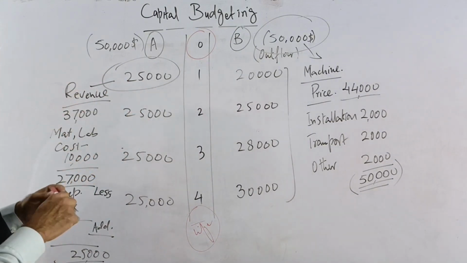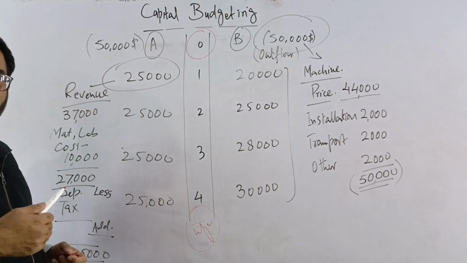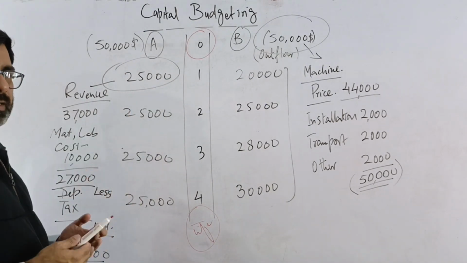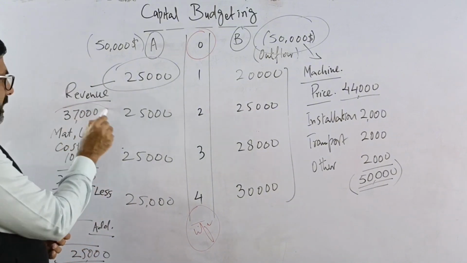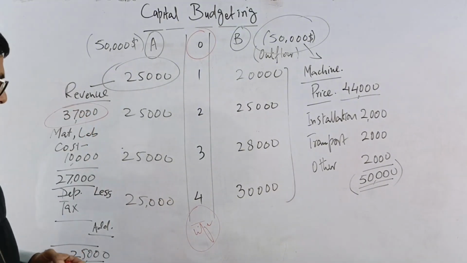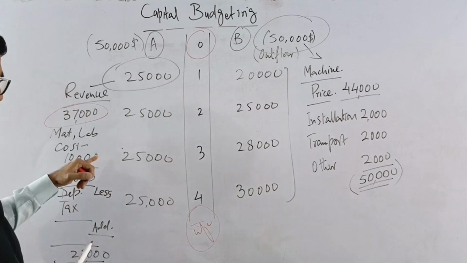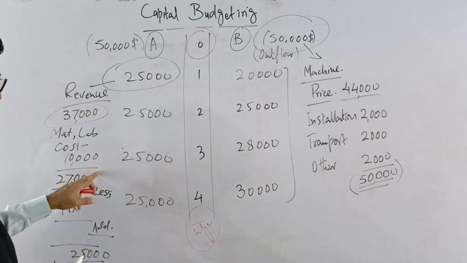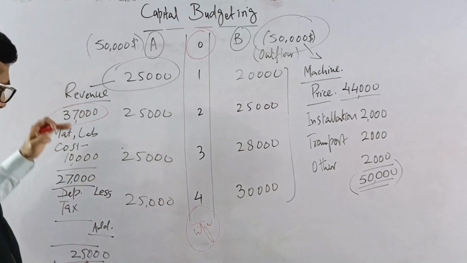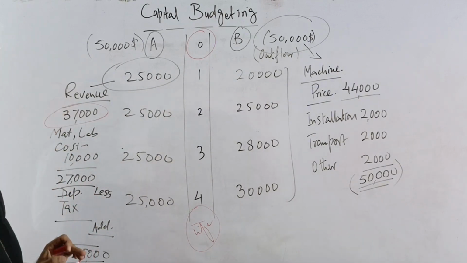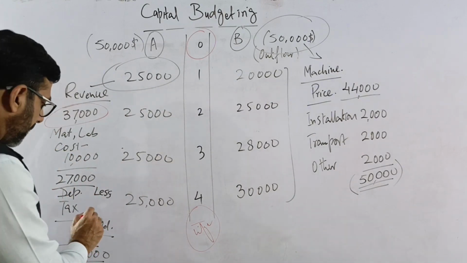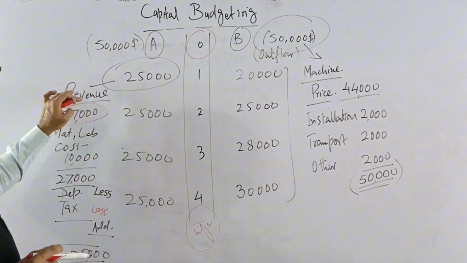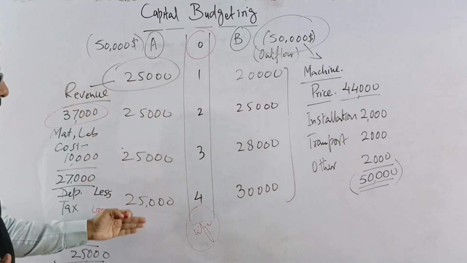What is the calculation? This machine will be used by the business, they will produce products and sell them. How much revenue are they getting? They are getting revenue of 37,000. But to produce that product, they have to pay for material, labor and other expenses, which is 10,000. Then we deduct the depreciation of this machine depending on the useful life of the asset.